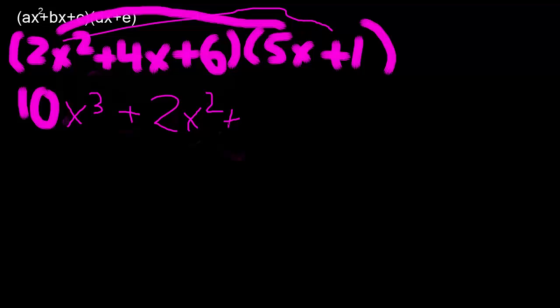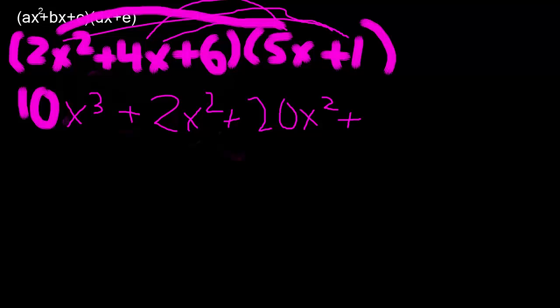That's not what I'm doing. Disclaimer. Now we're going to go to the next term here. 4x with the 5x. So that's 20x squared. You see how nicely these two, the first one's an x cubed, the second two are x squareds, and you can guess what the next two are going to be and what the last one's going to be, if you're a normal human being, hopefully. And now we're going to go to the 4x and the 1.